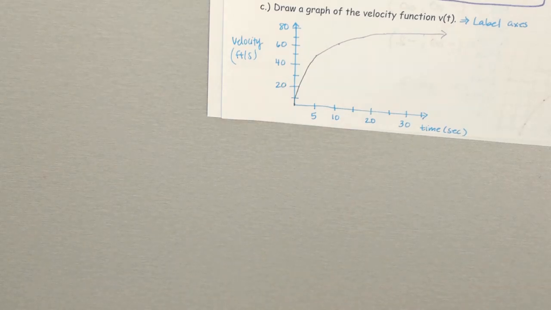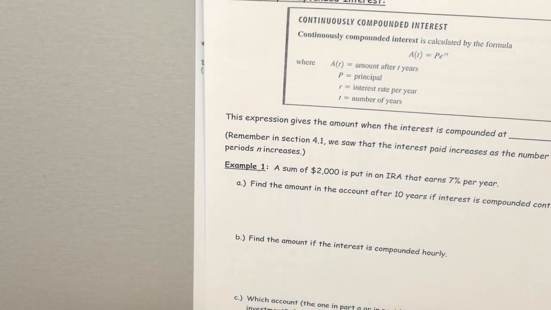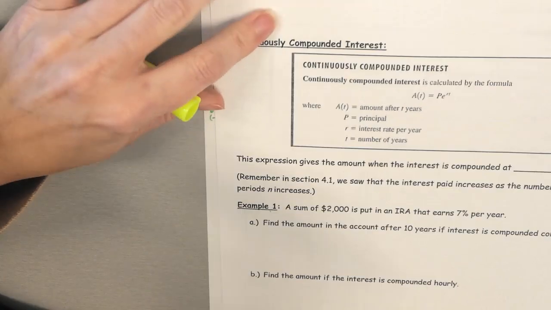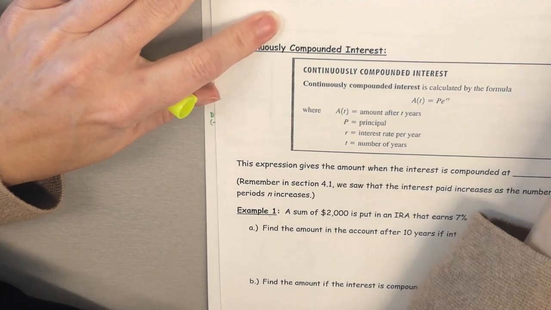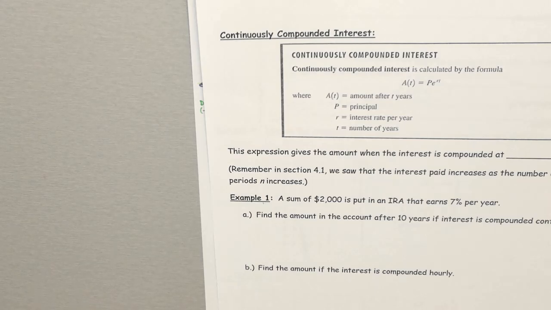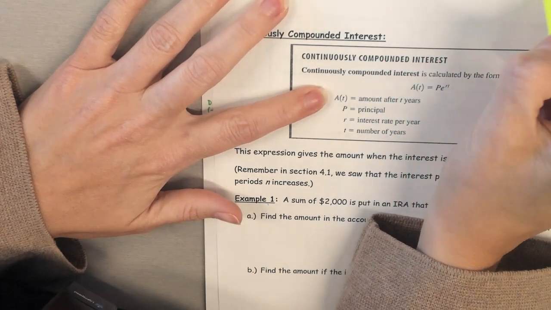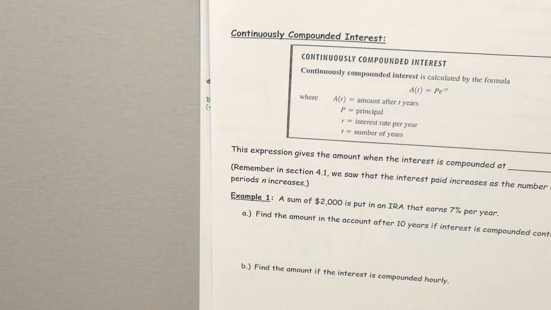And then the last part of this question is on the other page. It says the maximum velocity of a falling object with wind resistance is called its terminal velocity. From the graph in part C, you're going to find the terminal velocity of the skydiver, then explain how you found your answer.